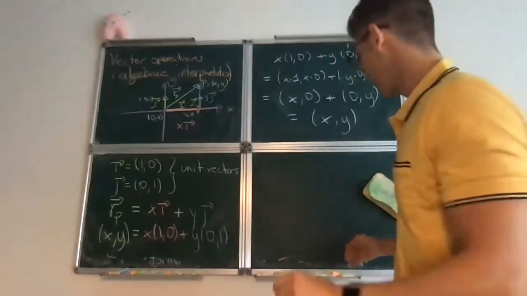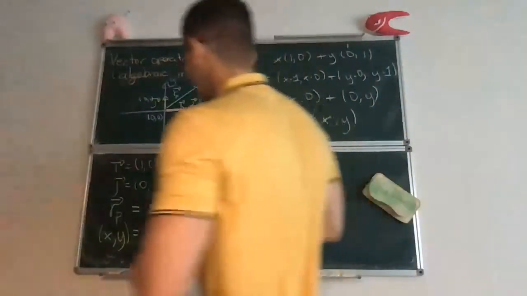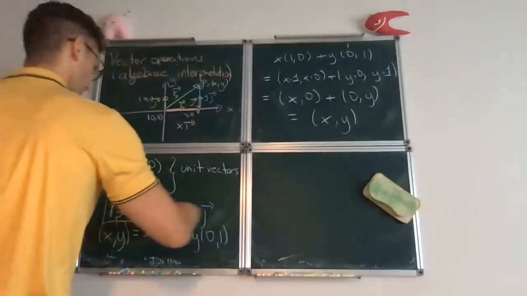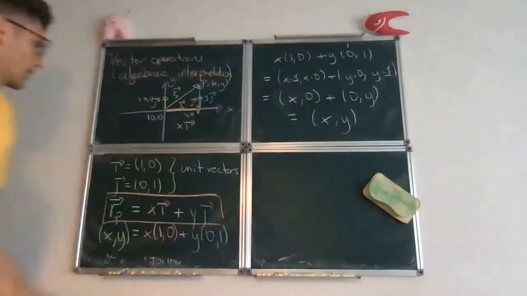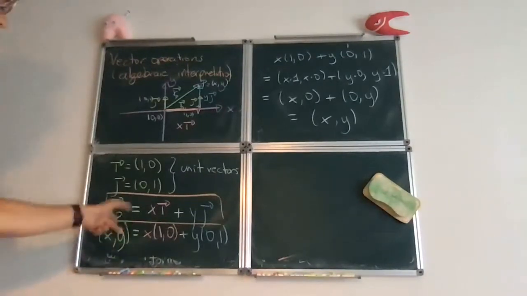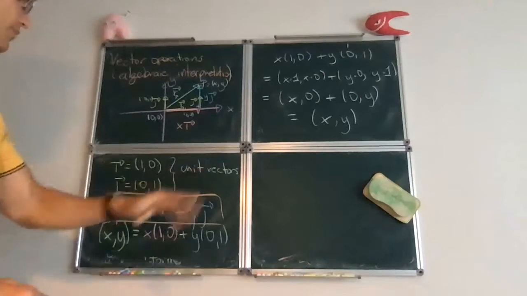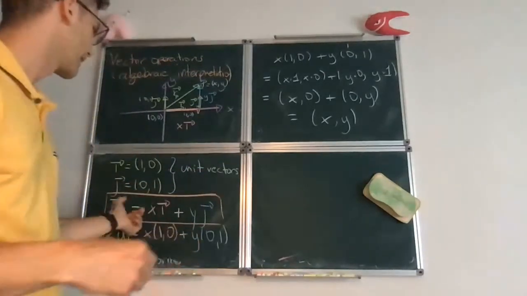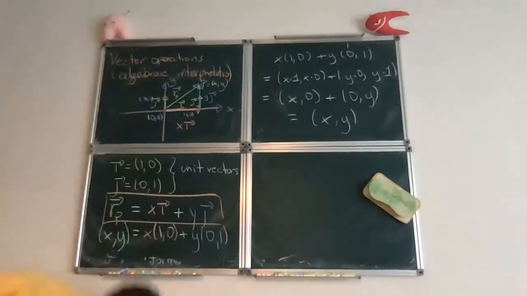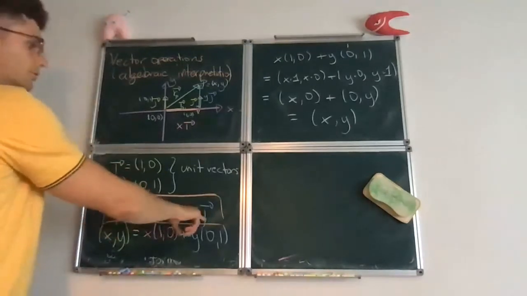And so the key feature here is that any vector in the plane can be decomposed as a sum of two vectors, one in the i direction and one in the j direction.